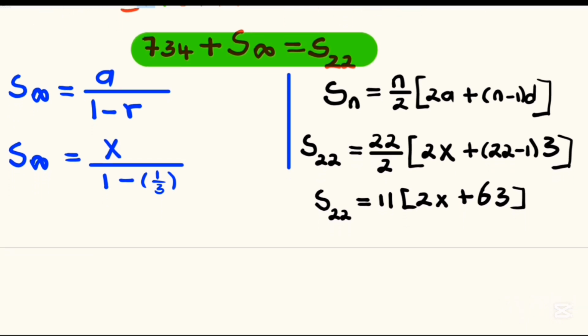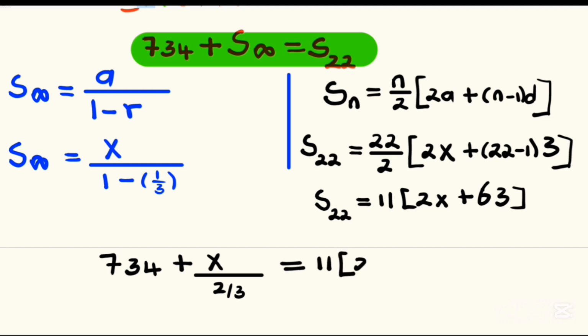We have 734 plus the sum to infinity, which we determined as x divided by 1 minus 1/3. 1 minus 1/3 is equal to 2 divided by 3, and this will be equal to the sum to 22 terms, which we just determined as 11 times 2x plus 63.